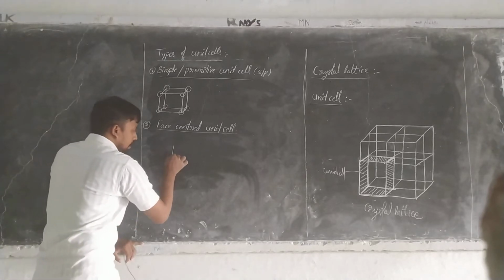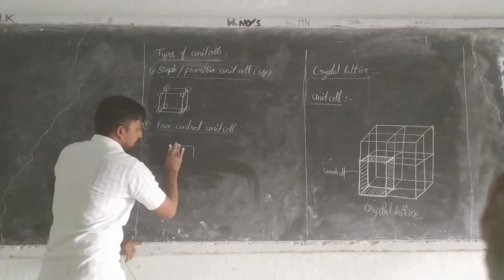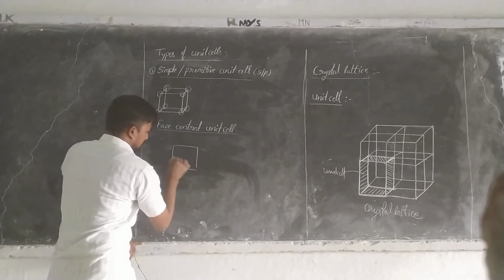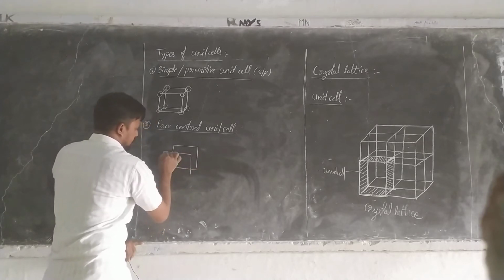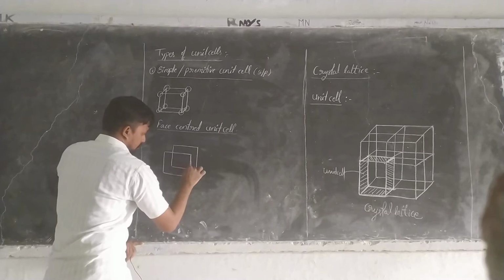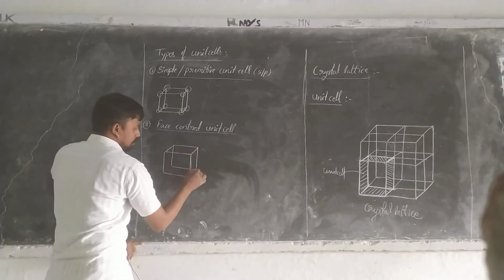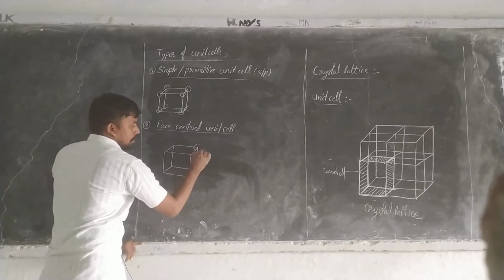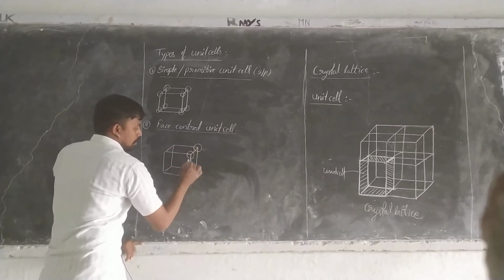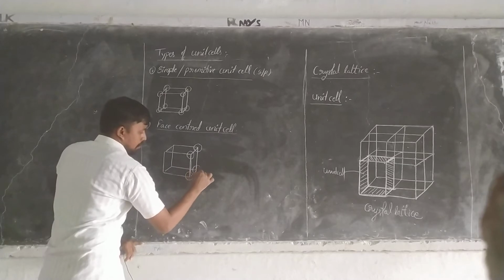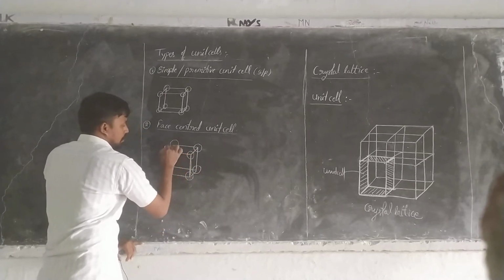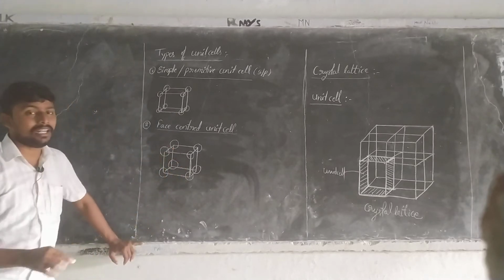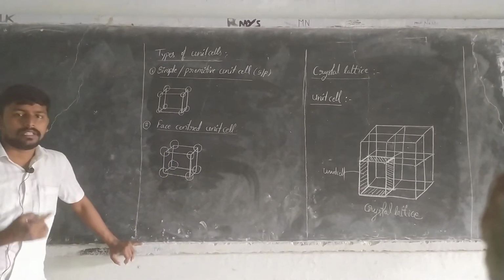For suppose, again I will draw the unit cell. Corners of the unit cell and center of the faces.